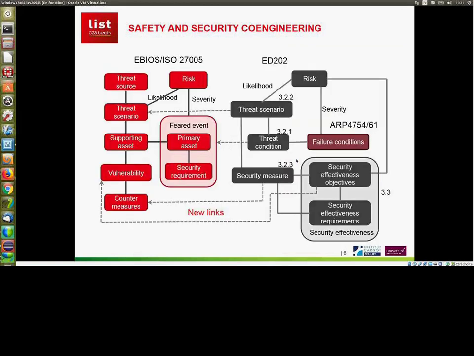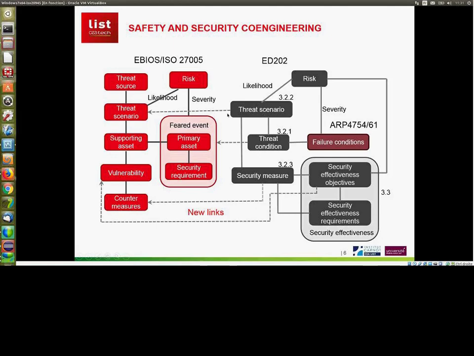So here we have a refined view, for instance, of the links that we have found between the ISO 27005 and a security standard that makes the relationship between safety and the security process. We have several concepts here.